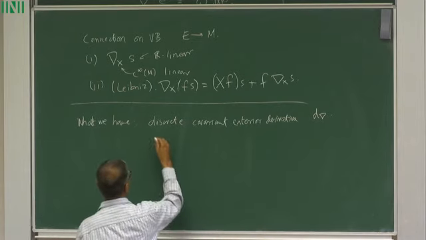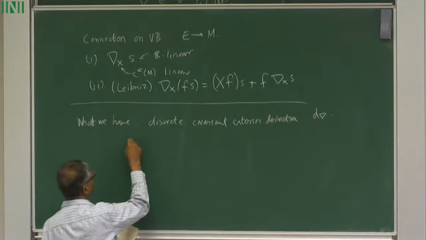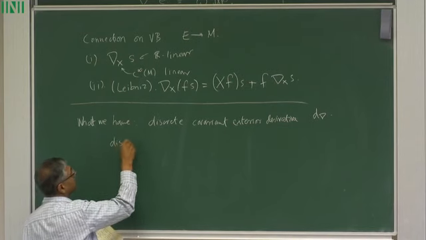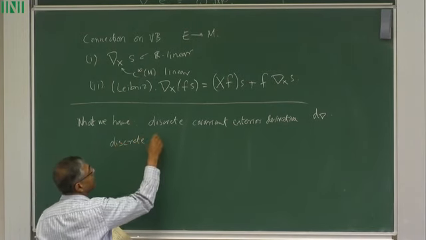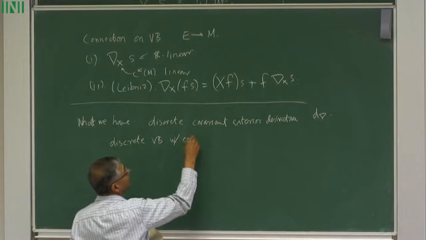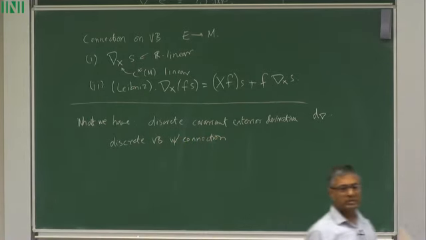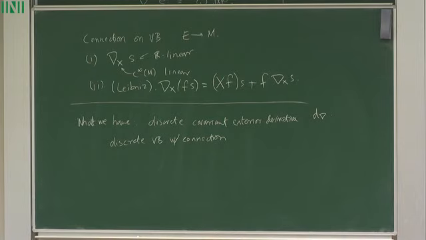And of course, we have very naive discrete vector bundles with connection. You will see how simple this becomes when we start doing the actual examples. This is really child's play.